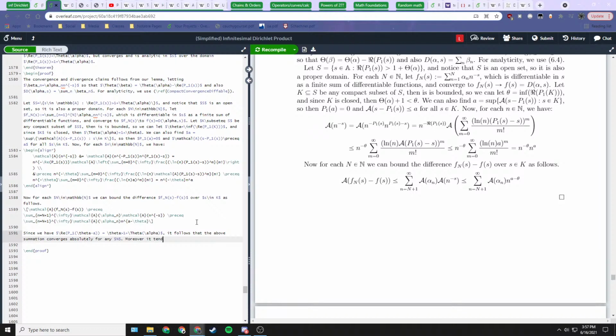Moreover, it tends to 0 as capital N goes to infinity.